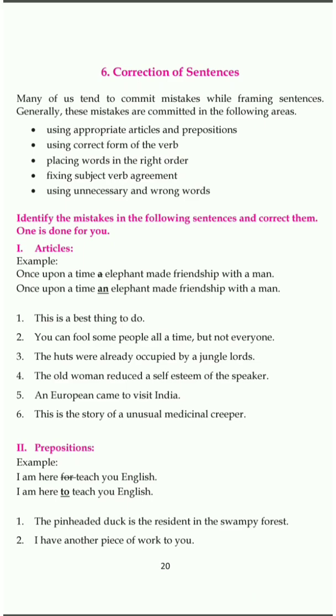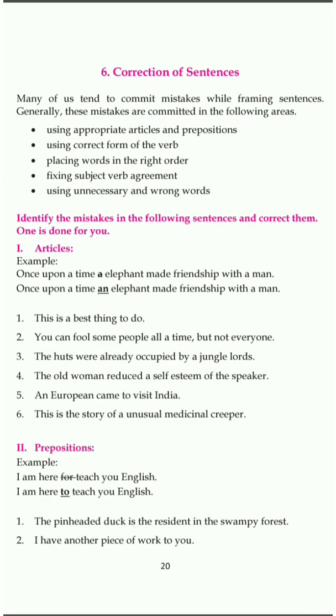So look at that. Generally, these mistakes are committed in the following areas. So what are the common mistakes that we do? In what areas usually we commit mistakes while framing sentences? They have given there: using appropriate articles and prepositions. Sometimes we are not aware of the appropriate usage of articles and prepositions.